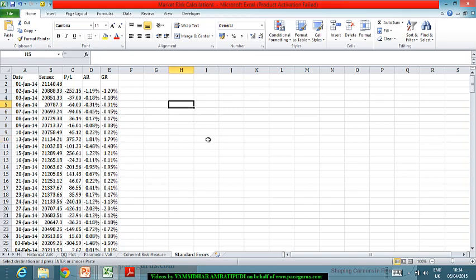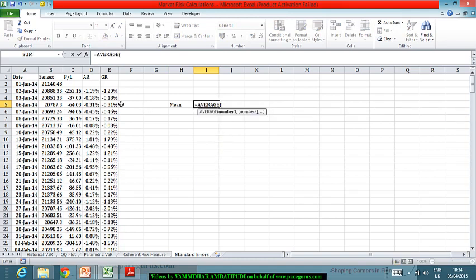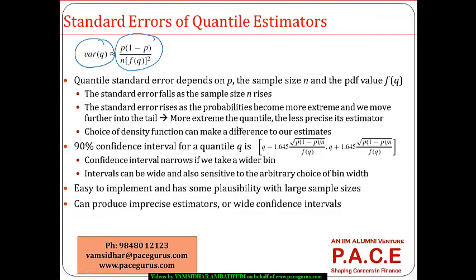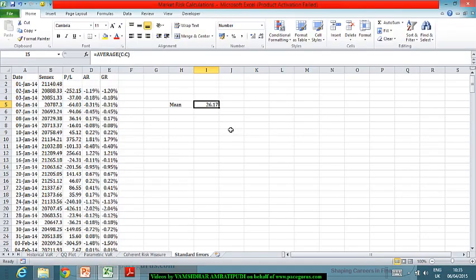Here I will find the 95% VaR. We know the basic things required for the computation of VaR. Let me do it with this profit or loss itself. This is the mean and this is the standard deviation.